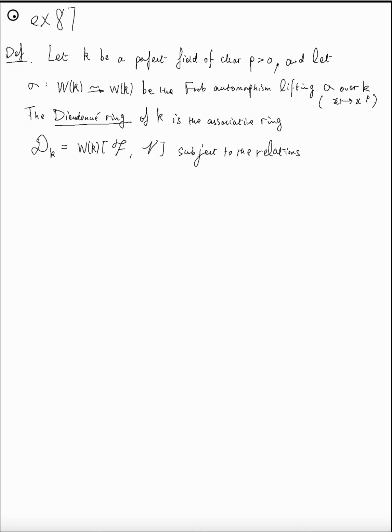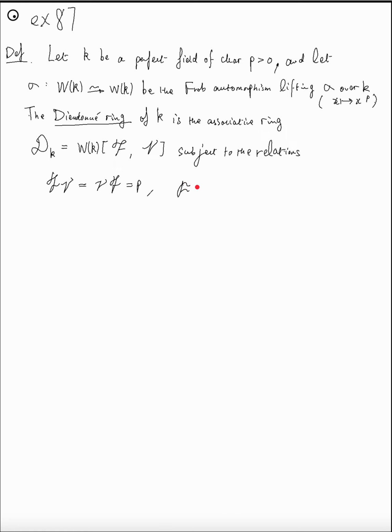So the relation is as follows: FV = VF = p. This is very similar to Frobenius and Verschiebung.